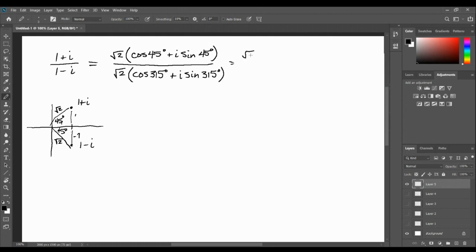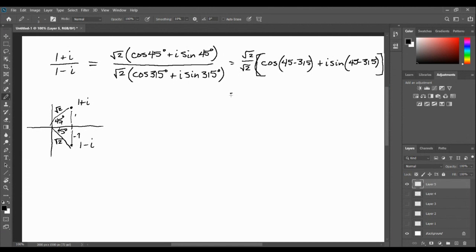And so we would have √2 divided by √2, which is awful nice, times the cosine of 45 minus 315 plus I sine of 45 minus 315. That should have probably been brackets.